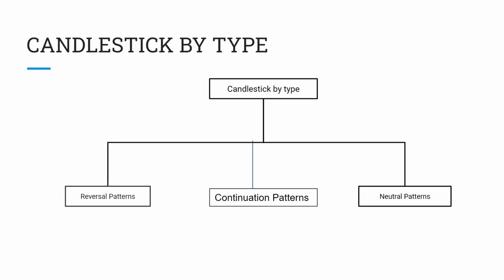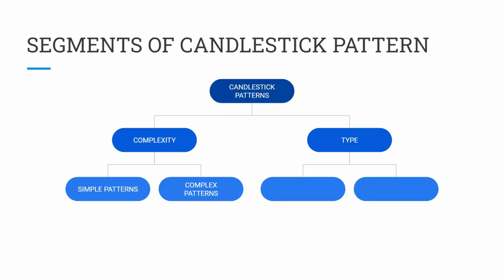Allow me to stop here, but let me give you a hint. To easily understand how candlesticks behave, look at how the candlestick is formed. The type will come third. So we start by asking what candlestick pattern this is. Complexity: is it a simple pattern or a complex pattern?